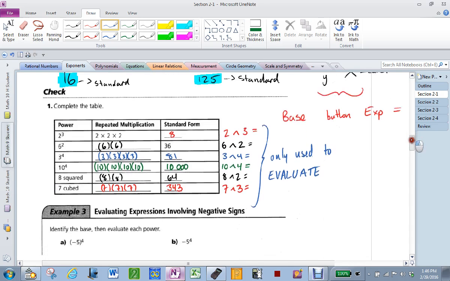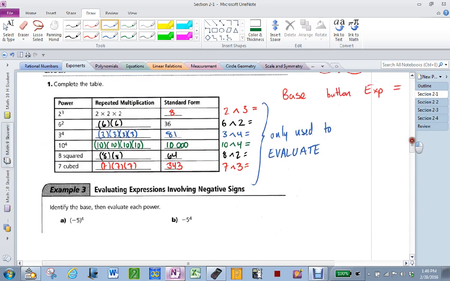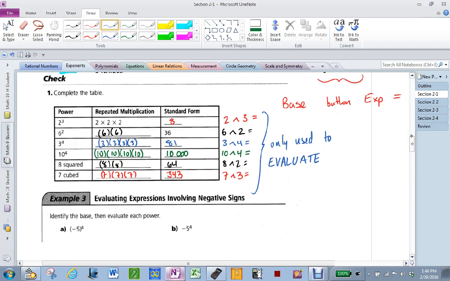So you leave it in the power instead of actually doing the times. I don't want to see the actual number.